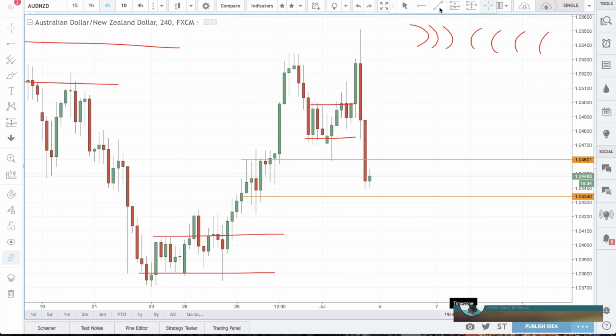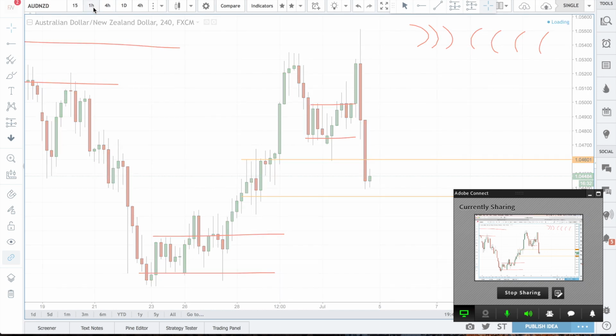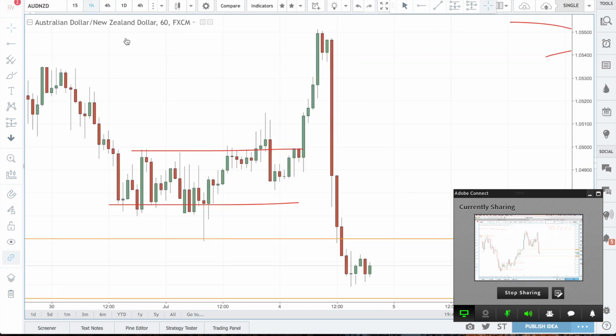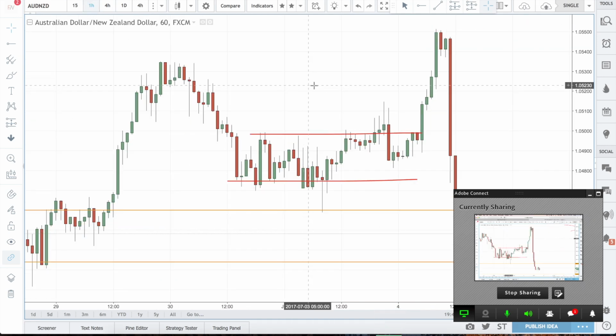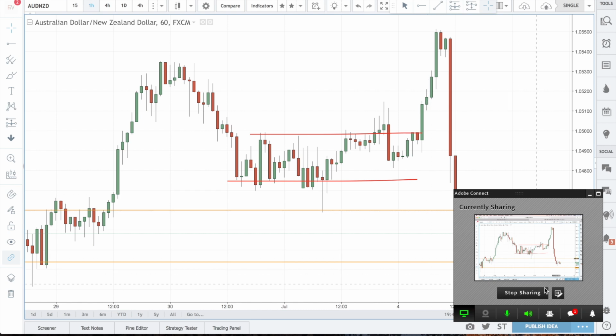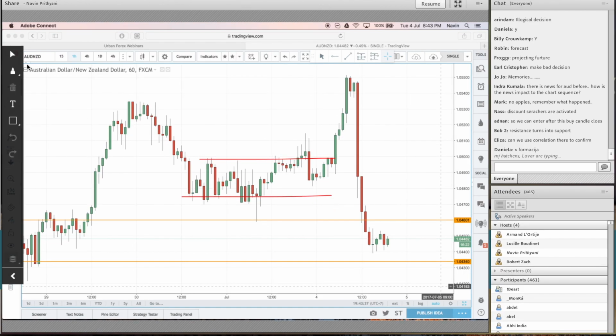Let's take a look at this again on the 1 hour. We're going to go into a little bit of precision. Here we are. Okay, yeah, V formation, right? So whatever the sellers were doing, notice how the sellers are moving down. Notice how the buyers are moving up.